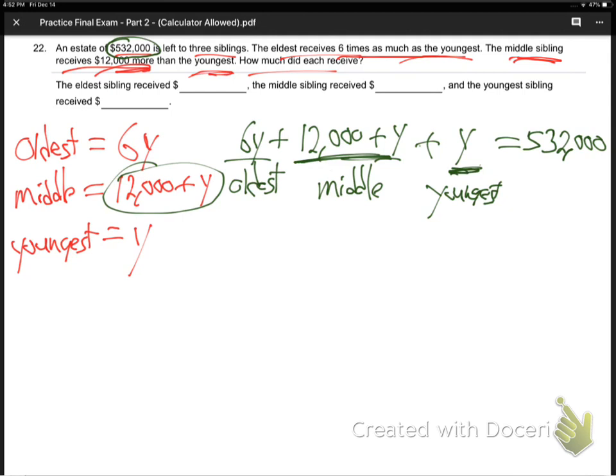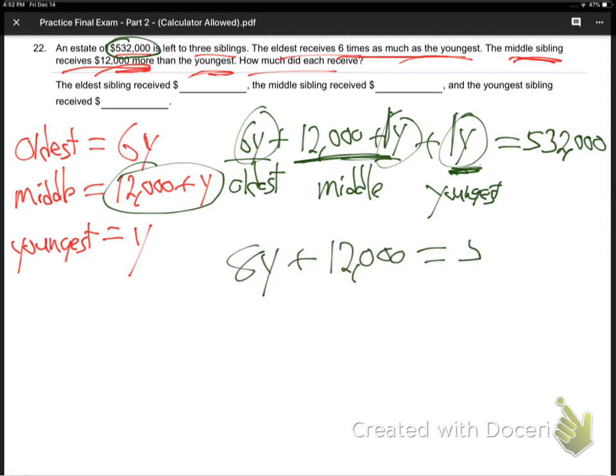All right, let's solve this thing. What do we have now? 6y and 1y, that's 7y. Oh, and another one, that's 8y. I'm forgetting about the other y too. So we got 6, 7, 8. 8y plus 12,000 is 532,000.